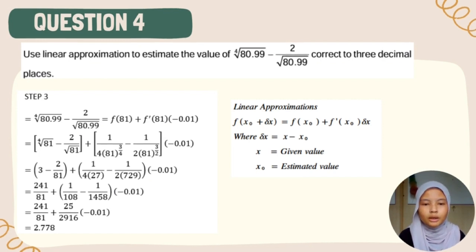Then 241 over 81 plus 1 over 108 minus 1 over 1458. I will multiply it with negative 0.01. Then the last and final answer, we will get 2.778, which is correct to 3 decimal places.